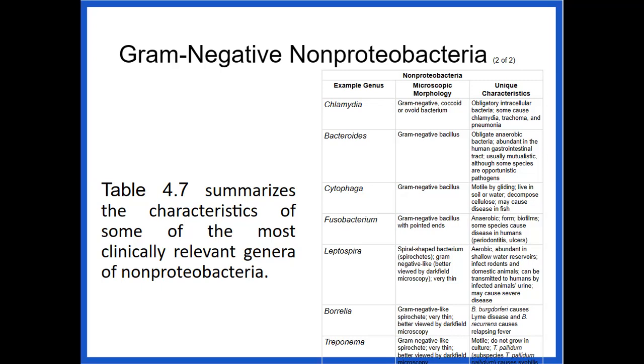So, yun, Leptospira. So, this is aerobic, abundant in shallow water reservoirs. So, it infects rodents and domestic animals. Can be transmitted to humans by infected animal urine and may cause severe disease. So, yun nga. Ito yung pag once magka leptospirosis ka, mahirap to gamutin.